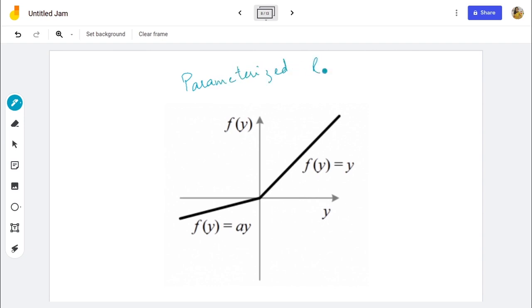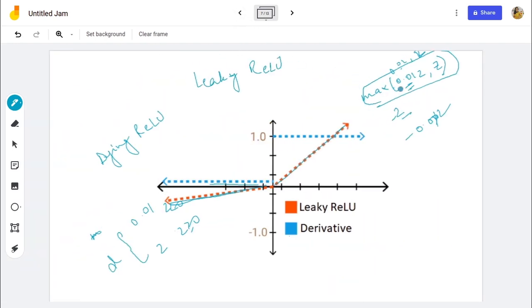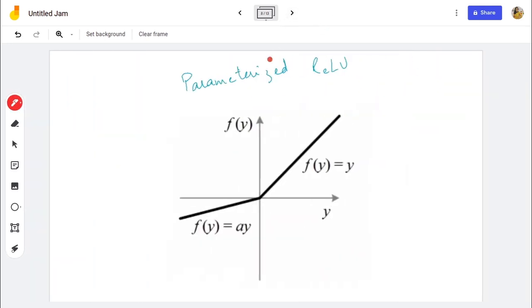Now let us move on to parameterized ReLU. One question you may have is why take 0.01? We can take any other number. Hence came the concept of parameterized ReLU. Here the function is maximum of alpha z, z, where alpha can be any number that is trained by the model. So the model itself decides the best number to multiply with.